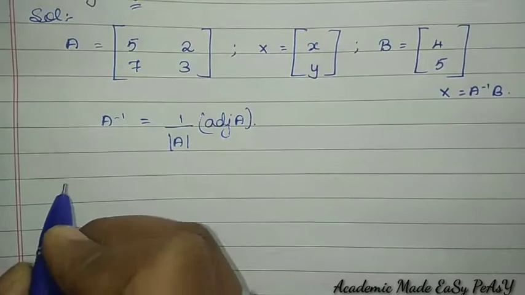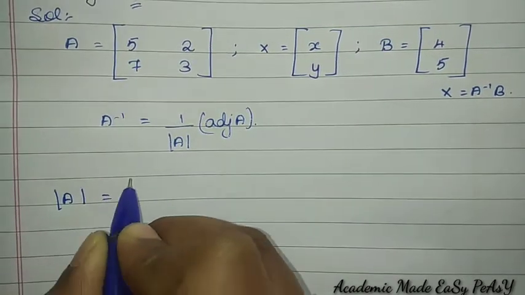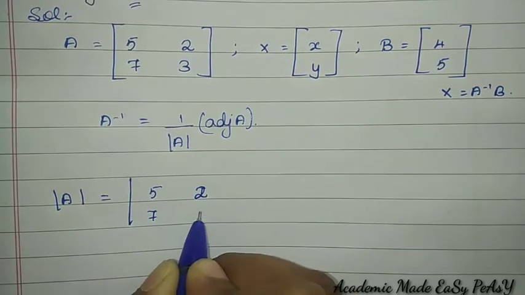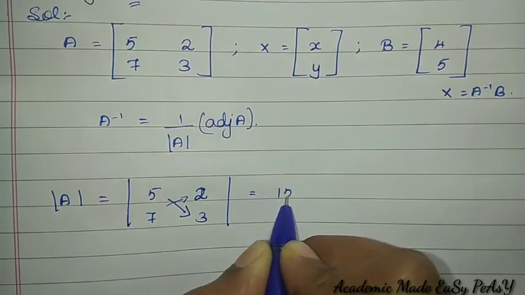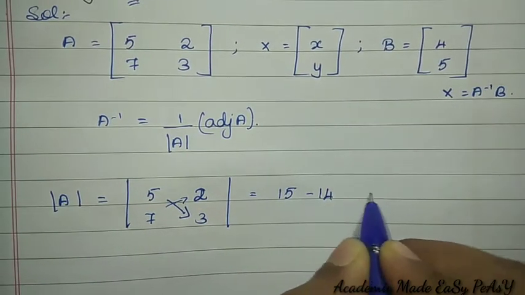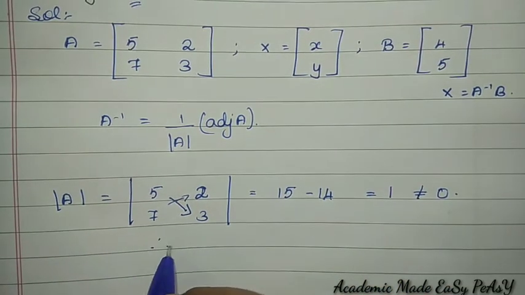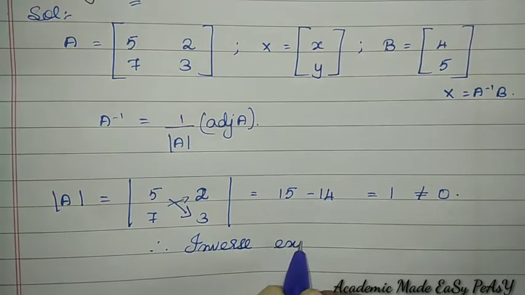Now I will be finding my determinant of A first. So determinant of A is equal to 5, 2, 7, 3. Using the x method, 15 minus 14 is equal to 1. This is not equal to 0, so I will say that therefore the inverse exists.